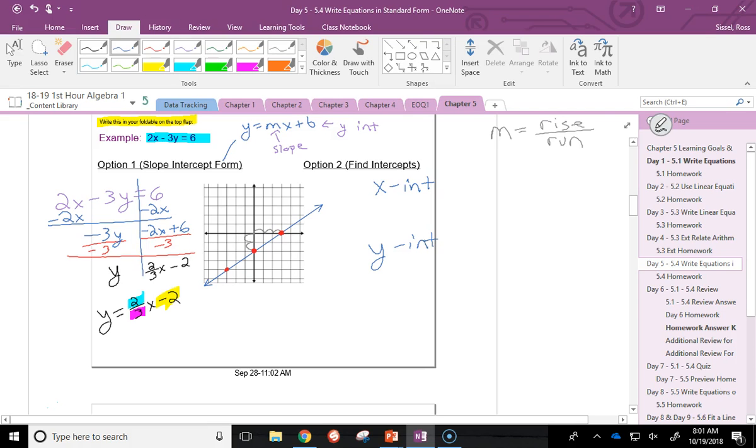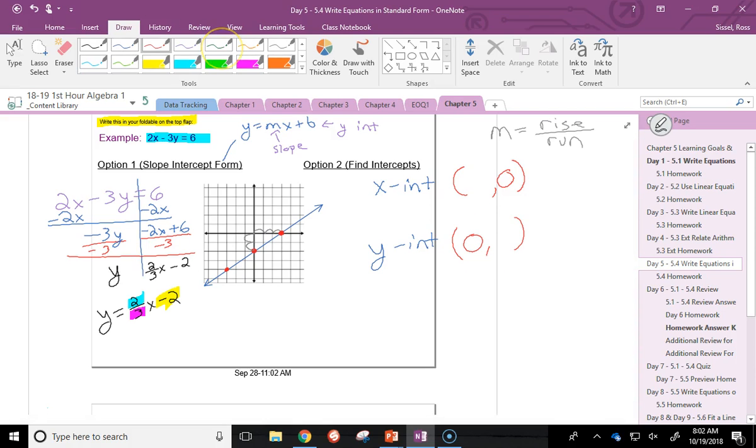For my x-intercept, what's one of the coordinates I know for sure if I'm finding the x-intercept? Yeah, y has to be 0. So if I go down to the y-intercept, I know my x is 0.